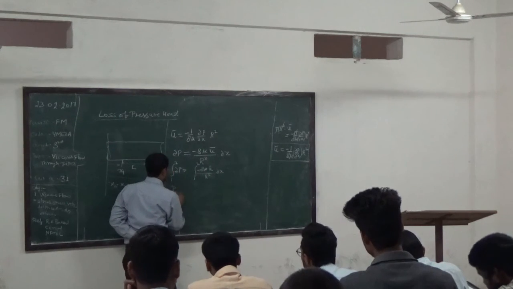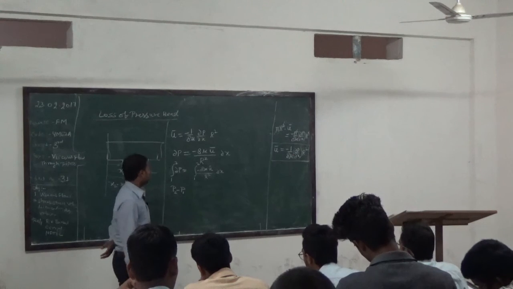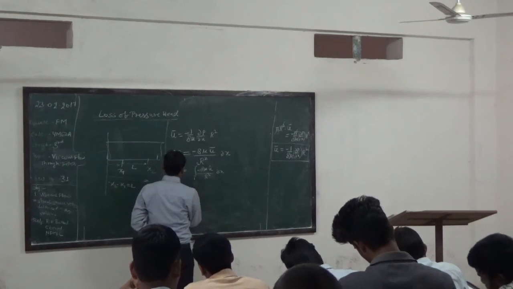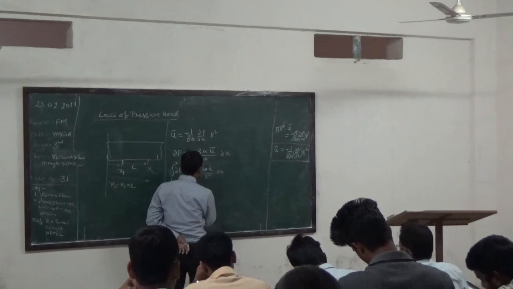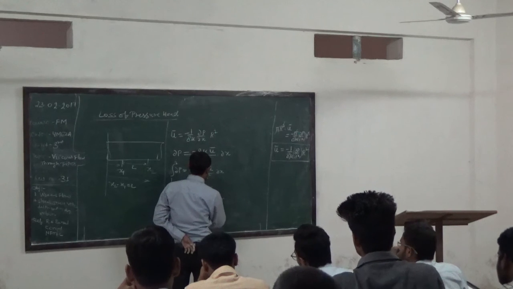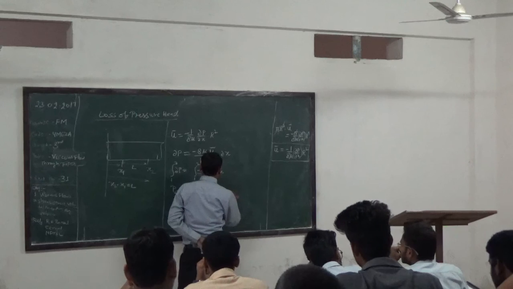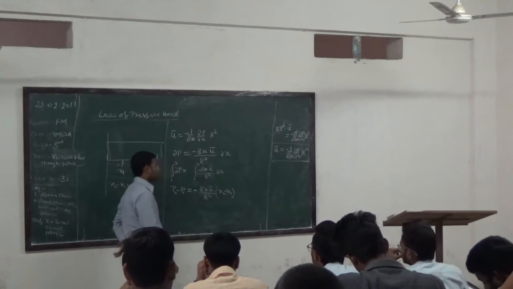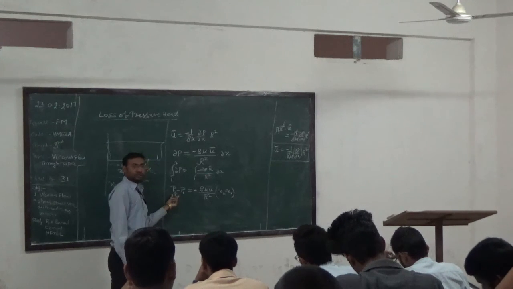It will give P2 minus P1 equal to minus 8 mu u bar divided by R square, x2 minus x1. Okay, I am taking this minus sign to this side.